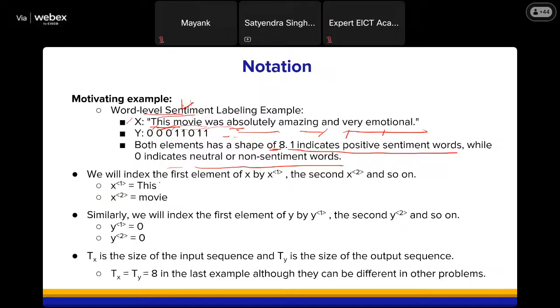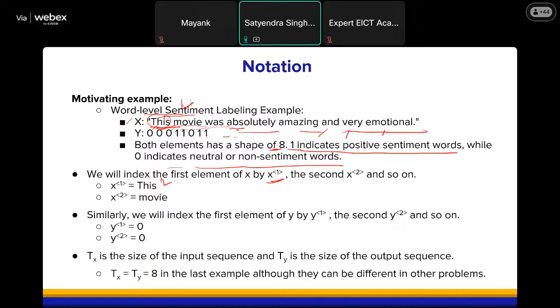To understand this in detail, let's see some notations. We'll index every element in the input with a superscript by the number. For example, this particular first input we will write as x1, and then movie x2, and so on.